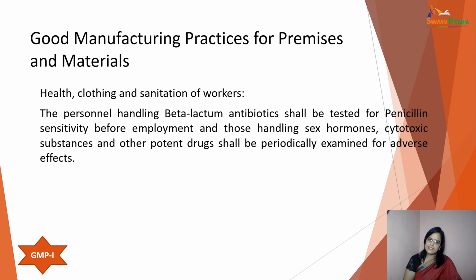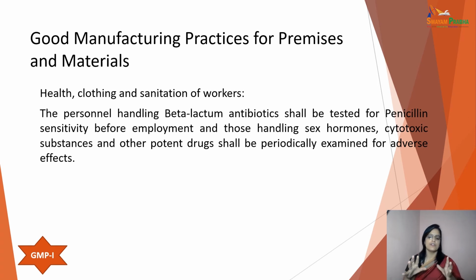Next is health, clothing and sanitation of workers. This is also very important to avoid any kind of contamination as well as cross contamination. The persons handling especially the beta-lactam antibiotic shall be tested for penicillin sensitivity. This is the first step.